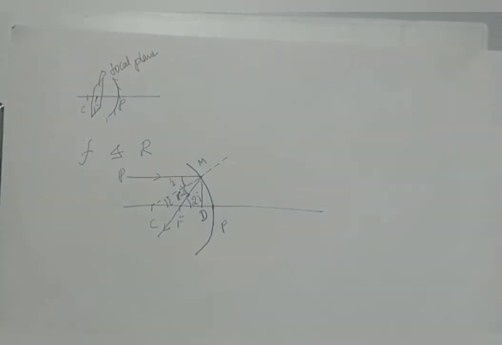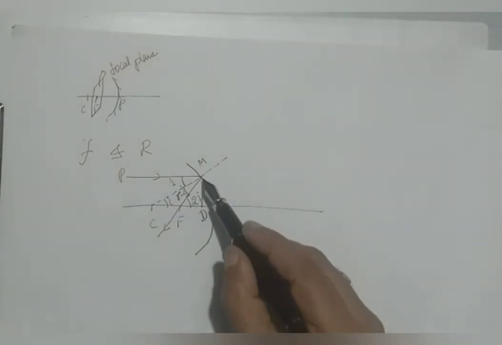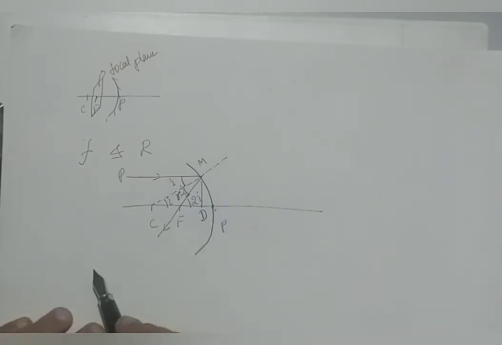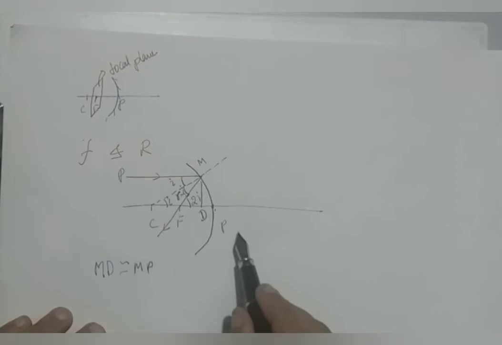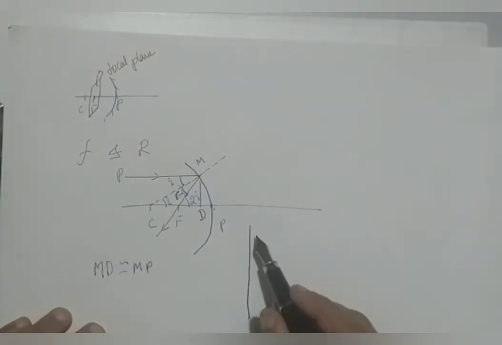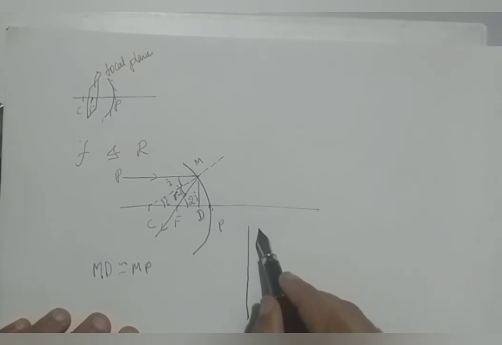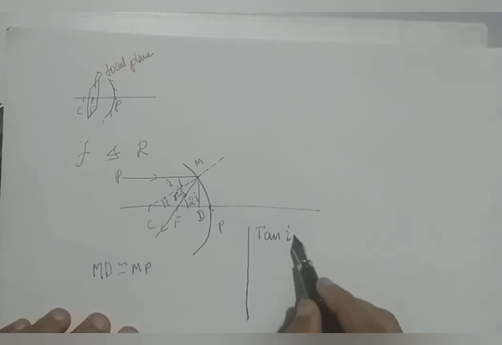D is the foot of the perpendicular. As we are considering paraxial rays, M is very close to P, or D almost coincides with P. Therefore, for all practical purposes and derivations, hereafter we consider paraxial rays and always take MD approximately equal to MP. Therefore, from the figure, I write some triangles and ideas like this. Just observe.